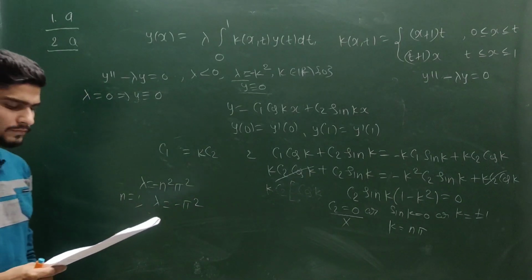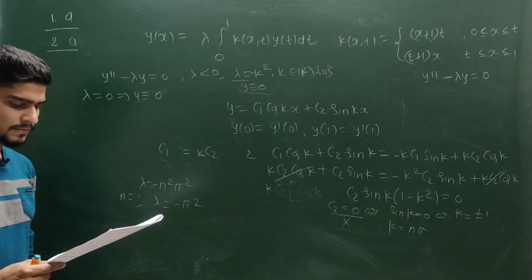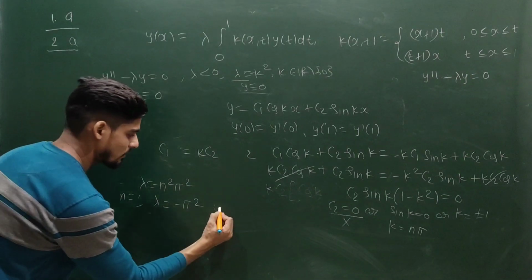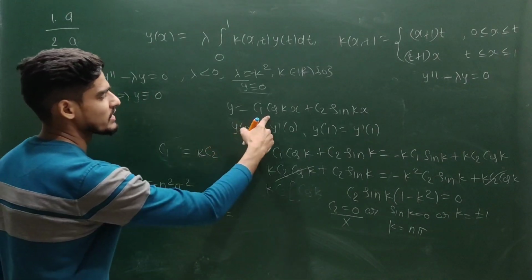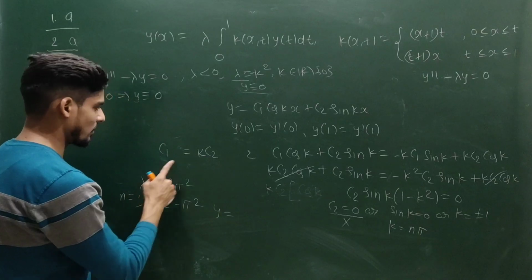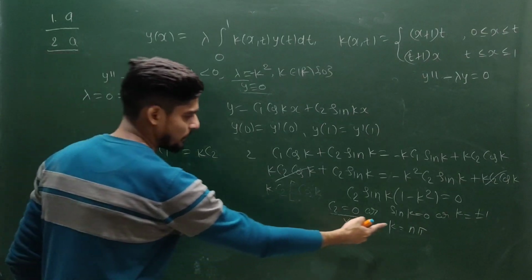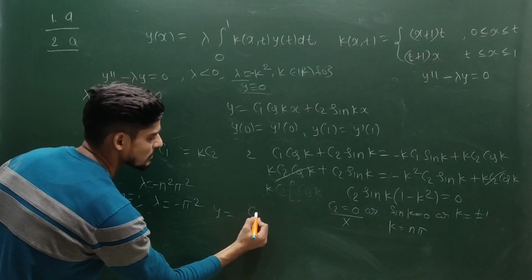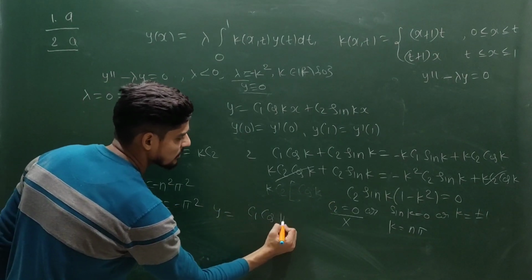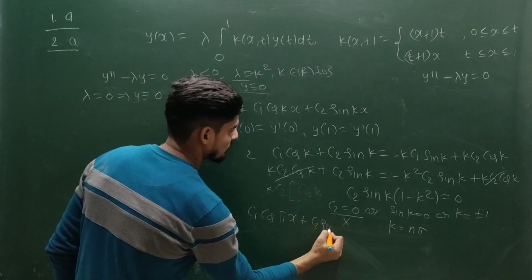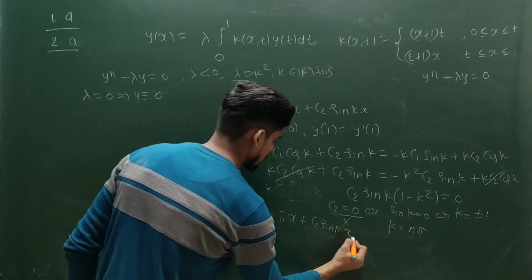Then if I take this, my solution will look like, solution is C1 cos kx plus C2 sin kx. So I have taken my k to be n pi. If I choose my n to be 1, my k will be pi. So this is C1 cos pi x plus C2 sin pi x.